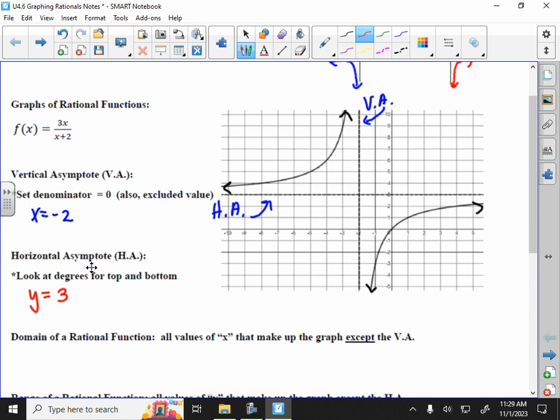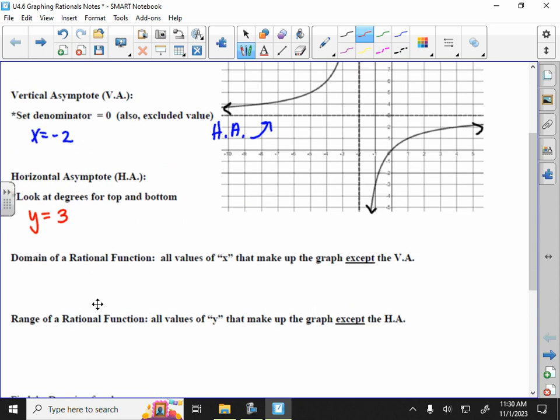We're going to talk about how to get the asymptotes more in just a little bit. But if you look at the coefficients in front of the x's, there's a 3 in front of the top x, and a 1 in front of the bottom x. If you do 3 divided by 1, that simplifies down to 3. And so that's why in this problem it's y equals 3.